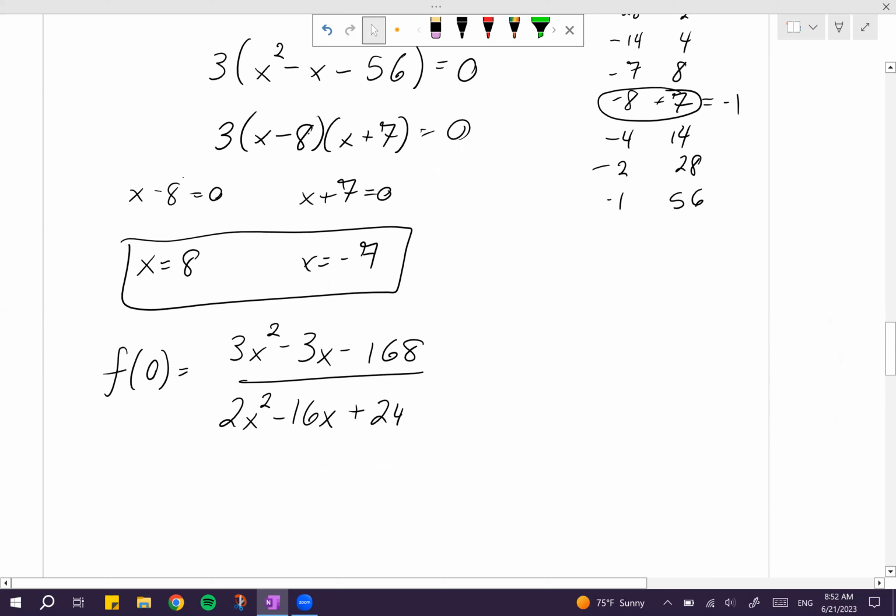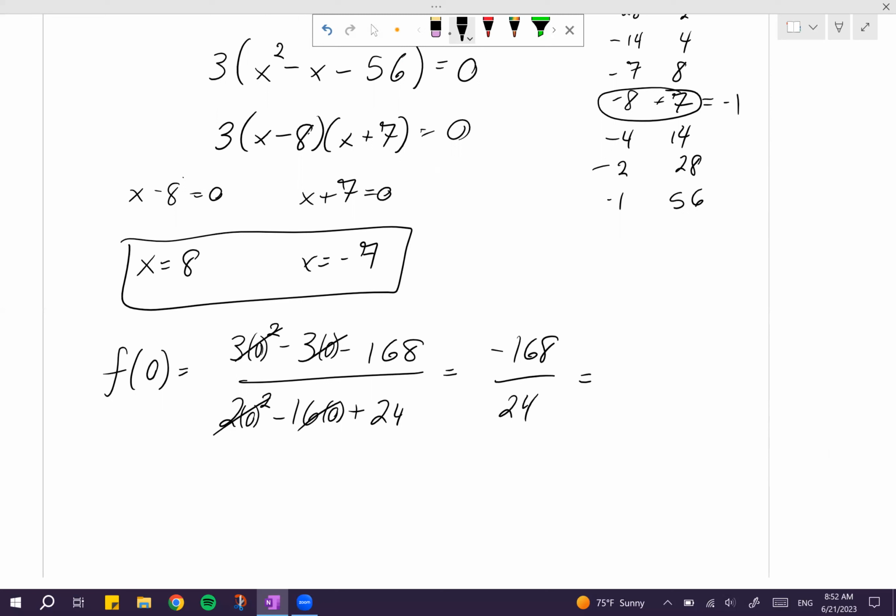So I'm going to do f of 0. I'm going to plug in 0 for all of my x's. I'm going to get 0 squared, 3 times 0, 2 times 0 squared, 16 times 0. So all of these are going to go away, and I'm just going to be left with negative 168 over 24, which is negative 84 divided by 12, which is negative 42 divided by 6.